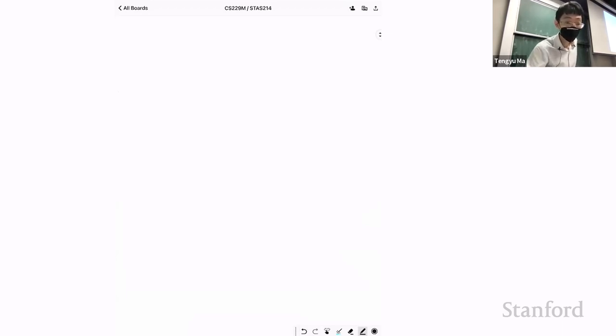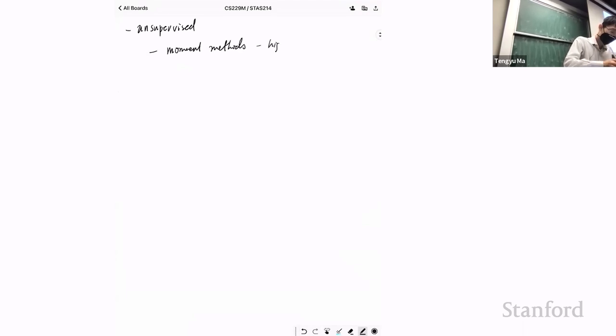Yes. So last time we talked about unsupervised learning, and today we're going to continue with unsupervised learning. First we're going to continue with the moment method, and here we're going to talk about higher order moments.